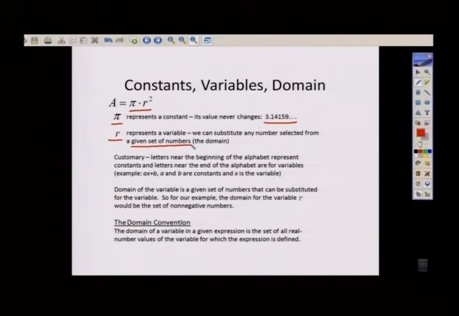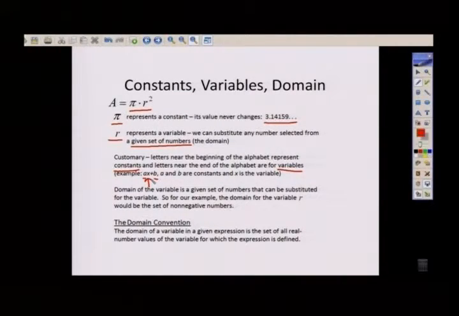There are some customary things here. Letters at the beginning of the alphabet represent constants, and letters near the end of the alphabet represent variables. So for example, in the expression ax plus b, the a and the b represent constant values, and the x is the variable.